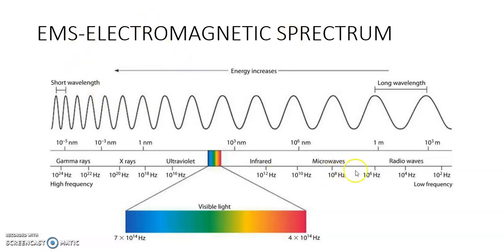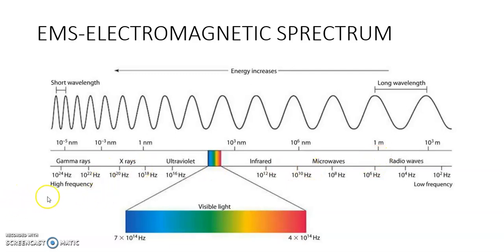This is describing the entire electromagnetic spectrum, the different parts of it: the visible one, before which comes ultraviolet rays, then X-rays and gamma rays, and beyond visible, that is infrared and microwave, and then further on, radio waves, right?